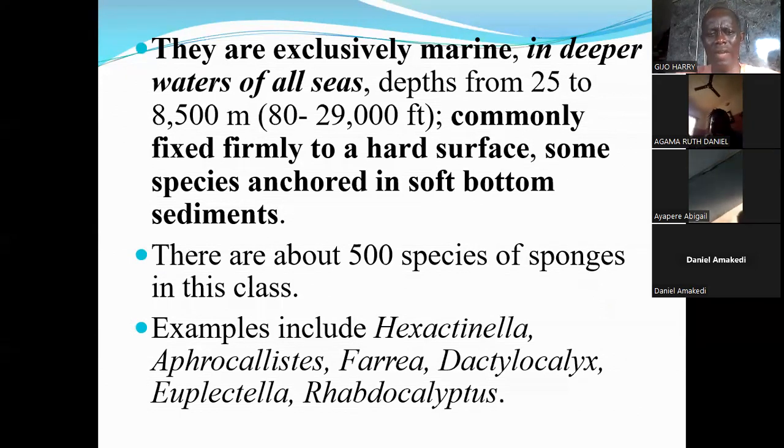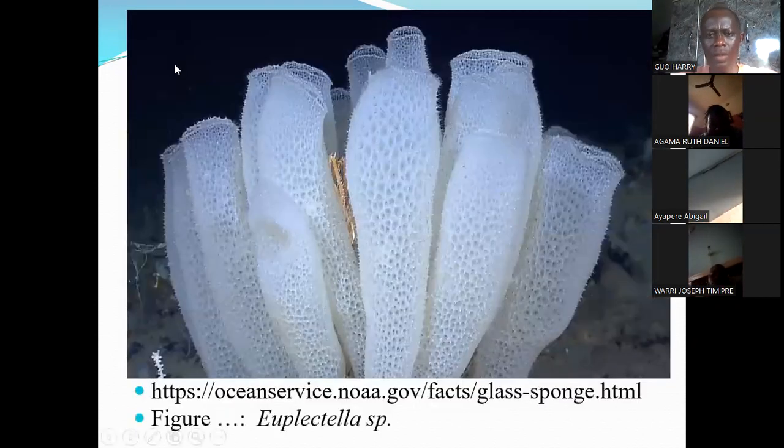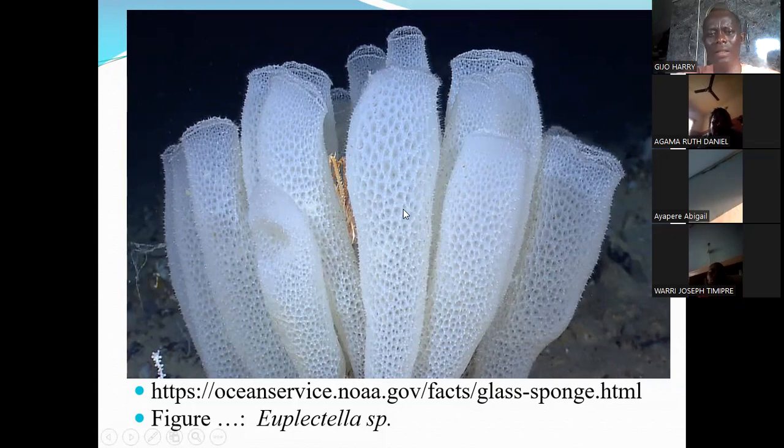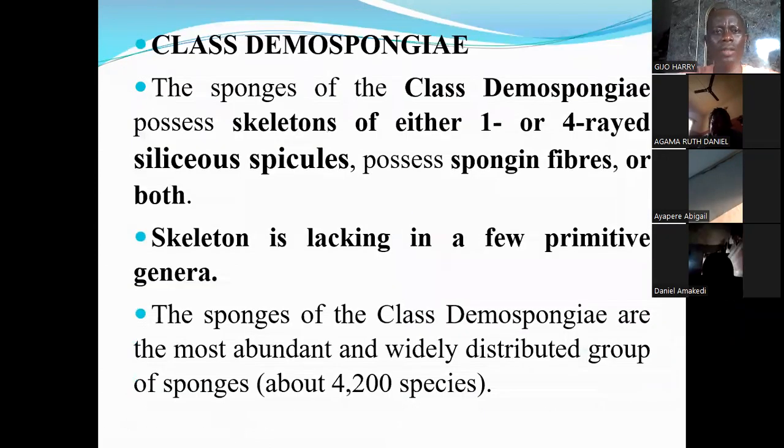They have about 500 species, and examples include Hexactinella and other species. This species is called the Teller species. As you can see, the skeleton made up of silicon looks like glass. So that's why they are called glass sponges.